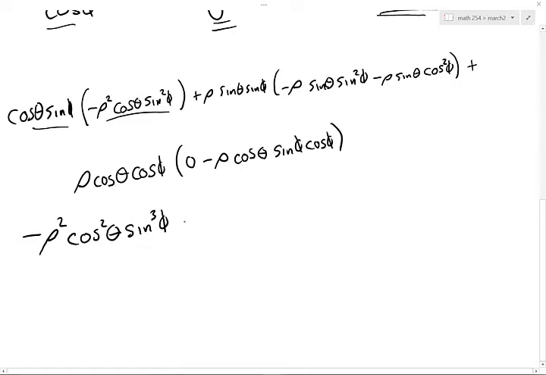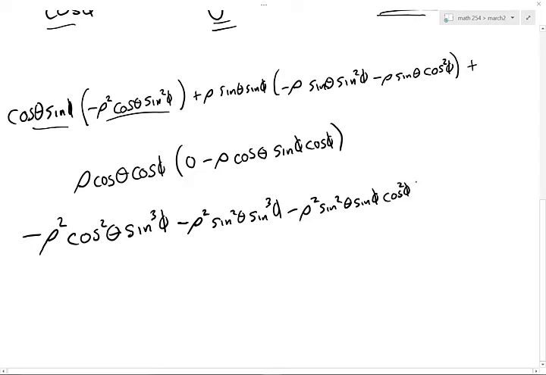Minus rho squared sine squared theta sine cubed phi, minus rho squared sine squared theta sine phi cosine squared phi.